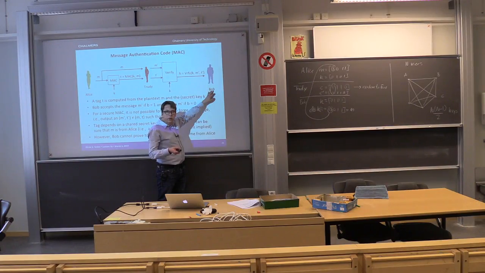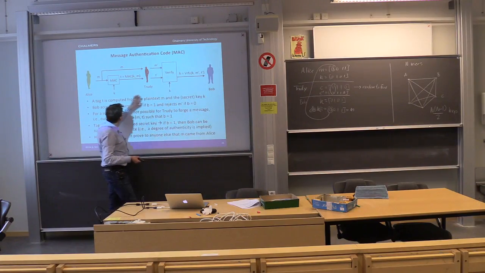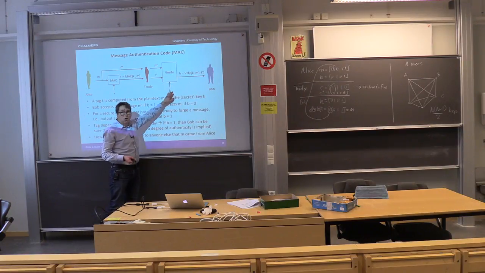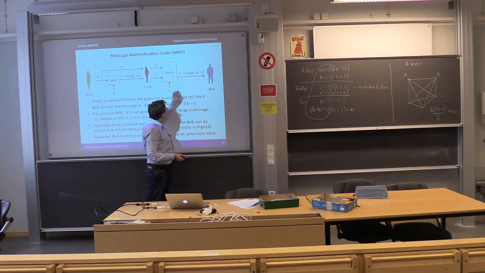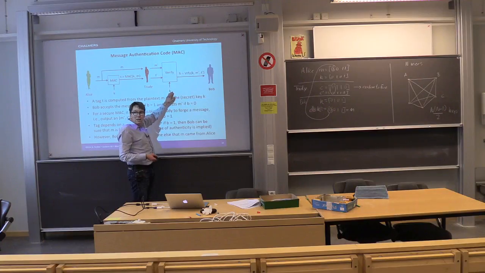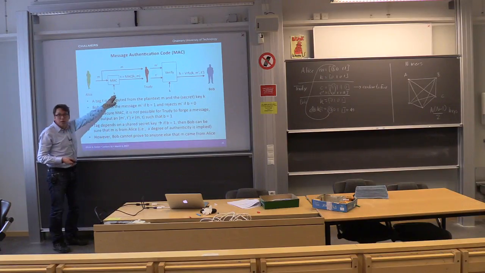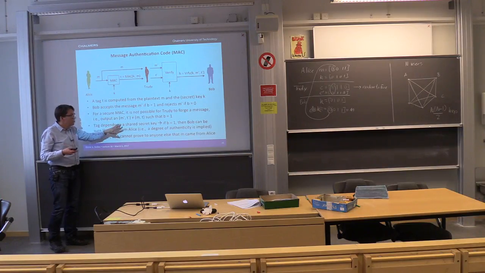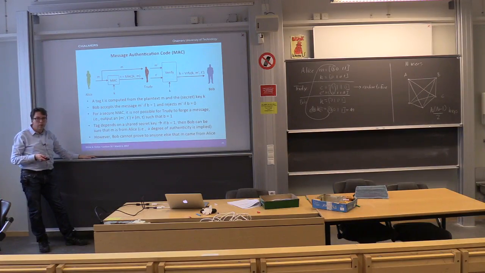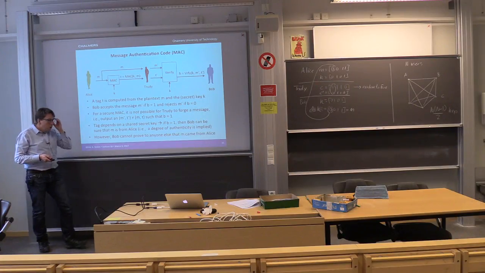Here, Bob cannot do that because he and Alice are the only ones that know this key. Even if Bob shows the key K to prove to somebody else that this message came from Alice, Alice could say, I don't have that key, it wasn't me. So there is just a small level of authenticity here.